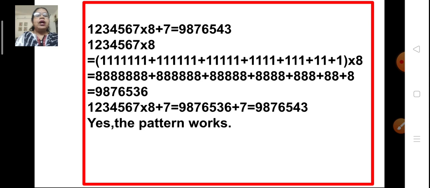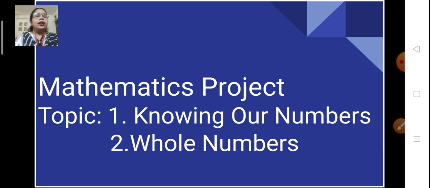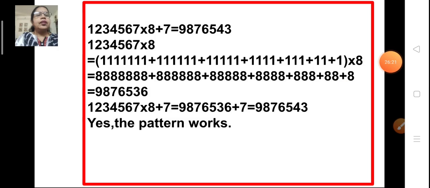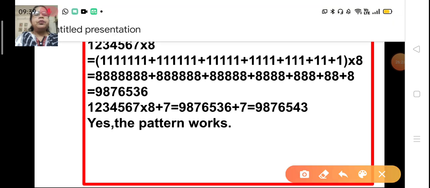We get 1111111, from the ones place we have to expand, okay? 7 times 1.